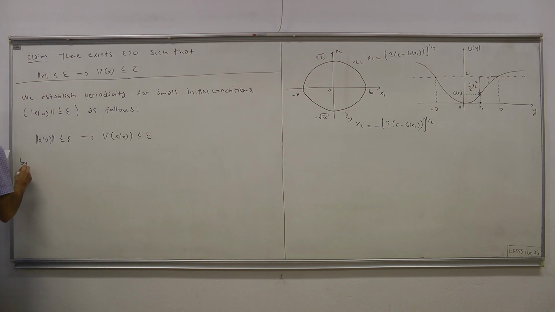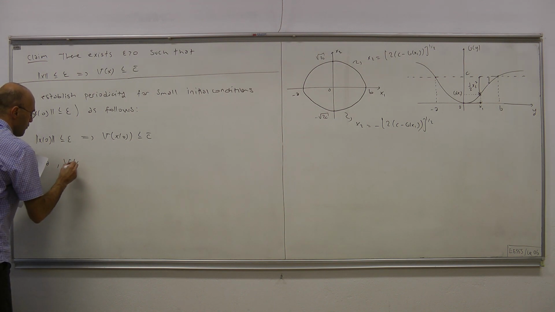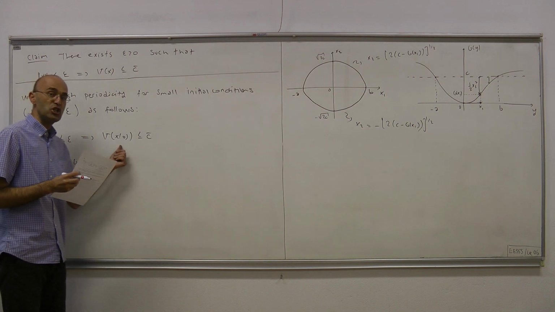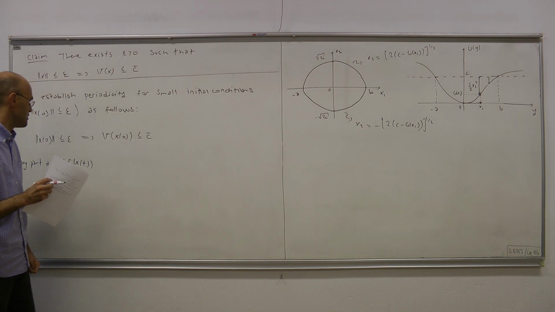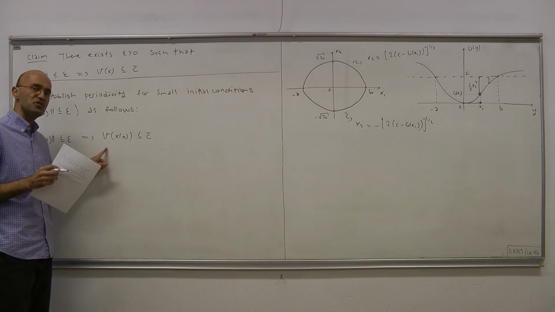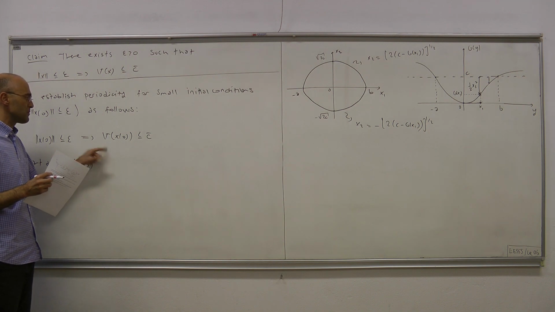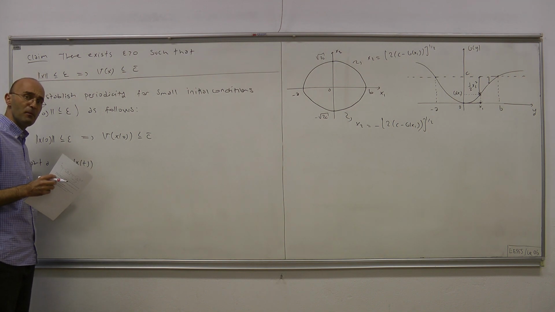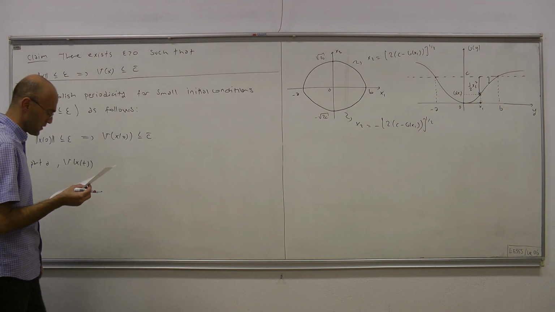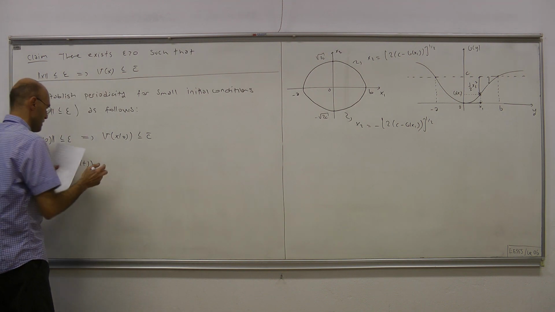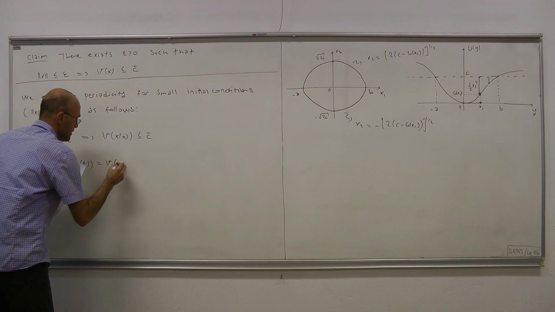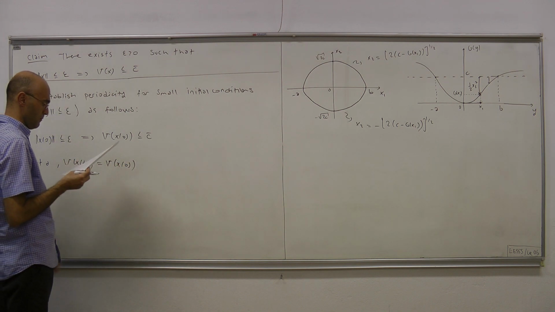And from part A, we know that V of x of t, with V of x of 0 being the initial generalized energy, since V dot was 0, for all future times V of x of t must equal its initial value, because V of x is not changing. V of x of t equals V of x of 0.